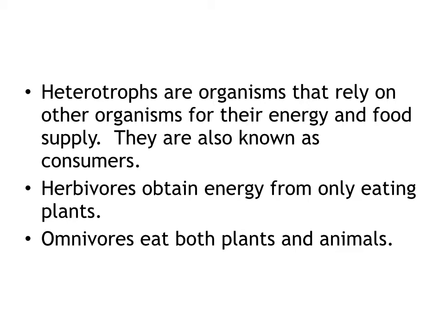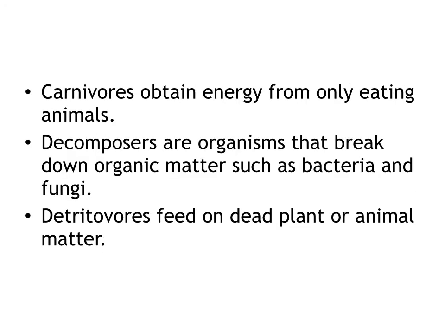We can survive as herbivores. Omnivores eat both plants and animals, and that's the general way in which human beings are consumers. Now, carnivores obtain energy from eating animals. Decomposers are organisms that break down organic matter, such as bacteria and fungi, and detritivores feed on plant or animal matter.